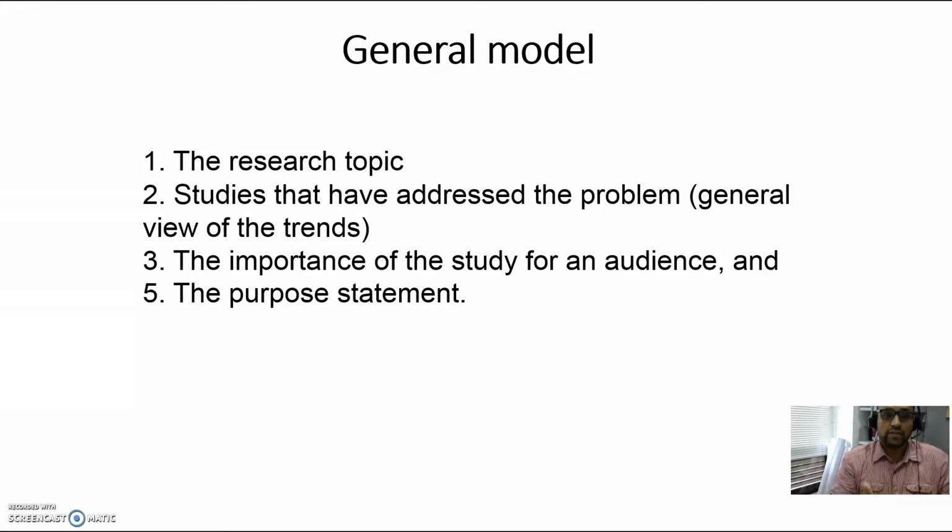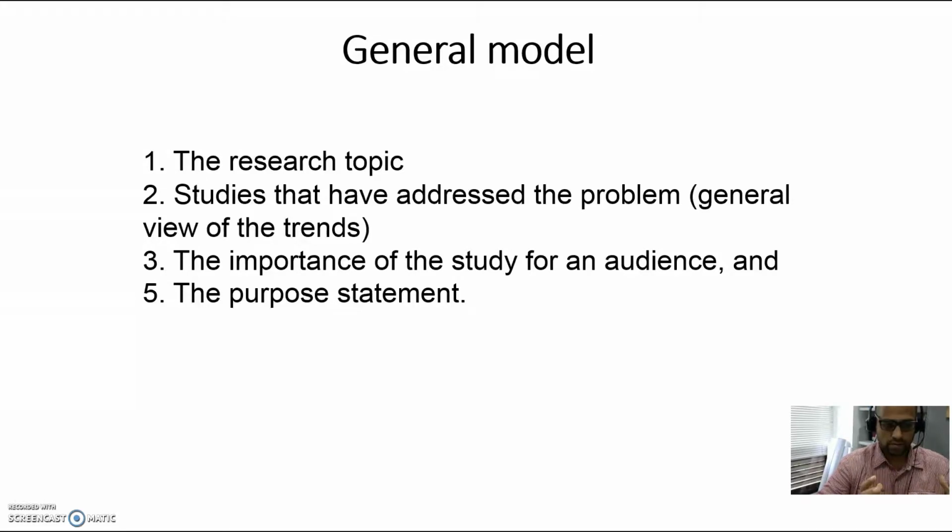Of course, at this point you haven't been able to read a lot, so you will just use a few articles that you find, and that's okay. That's just the beginning. In fact, in those articles, in their literature reviews or in the introduction, they usually present the general and new trends, or the discussion that is taking place at the moment.